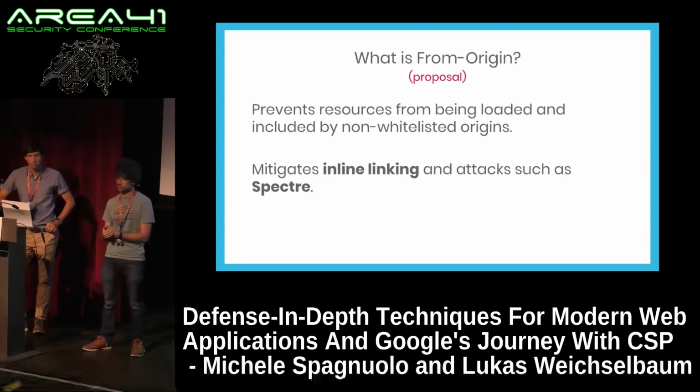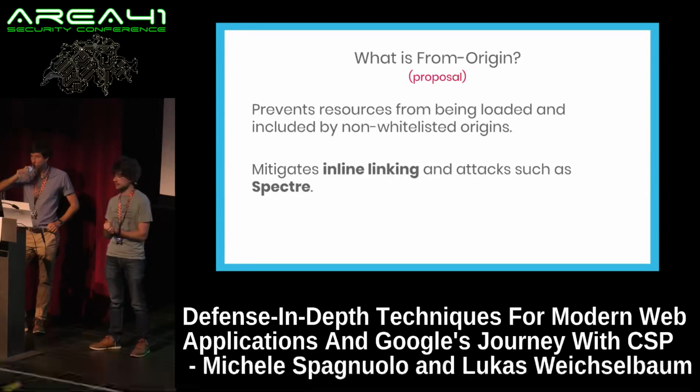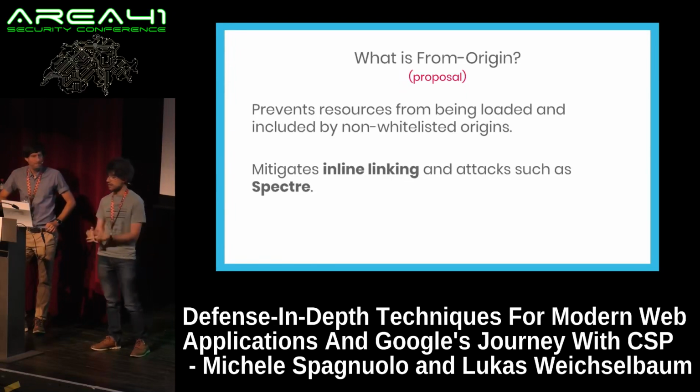From-Origin, which is a proposal right now, is a header that prevents resources from being loaded and included by non-whitelisted origins. So a website can add a From-Origin header and give a whitelist of origins that are allowed to load the resources.